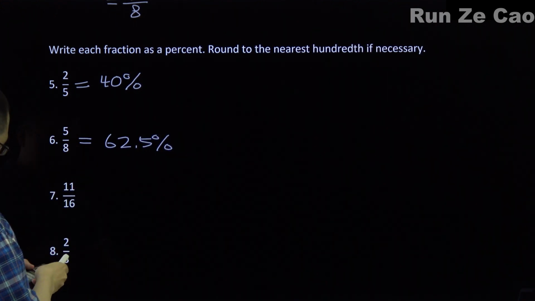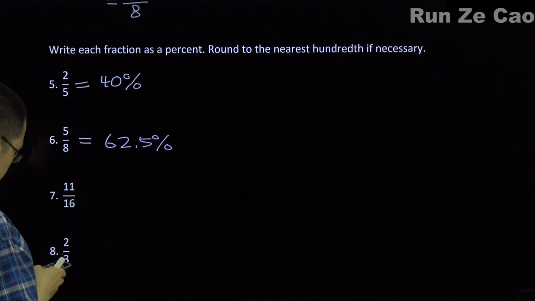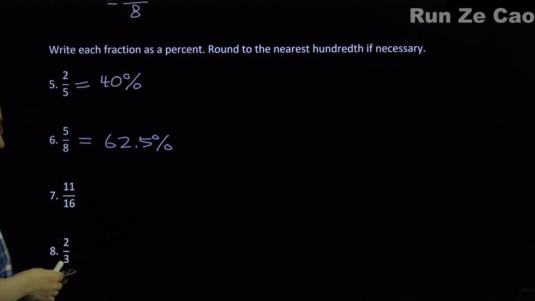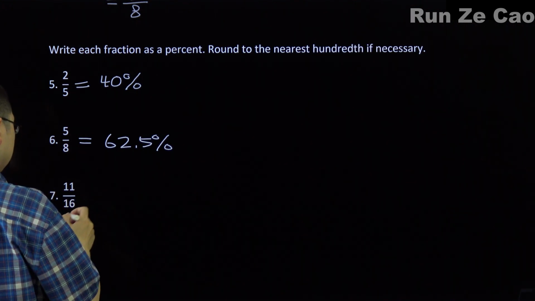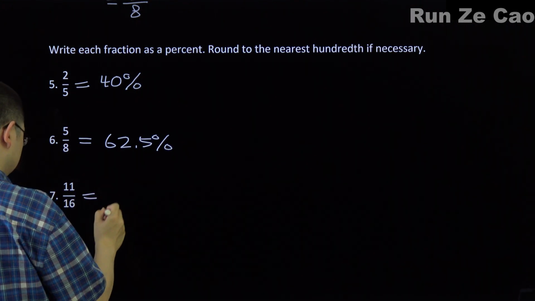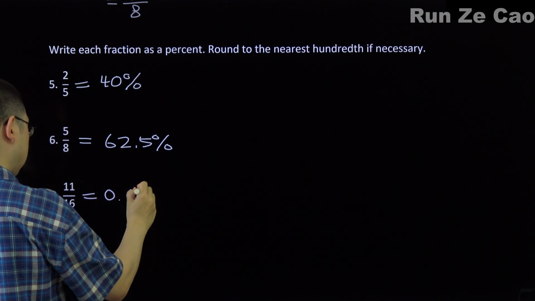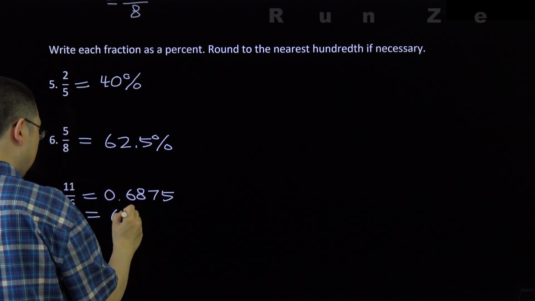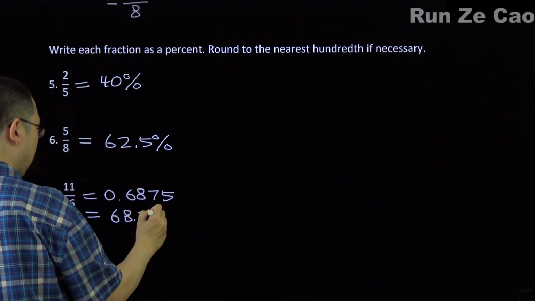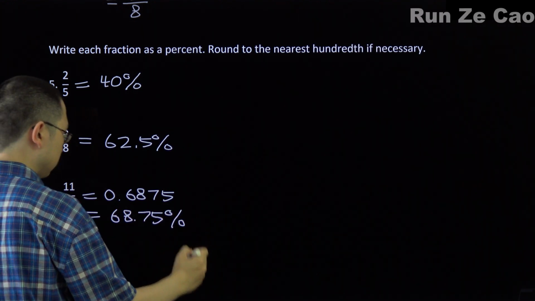11 over 16. Yeah, remembering what 1/16 is not that much worth bothering with. So if you use a calculator, you find it equals 0.6875, which is equal to 68.75%.